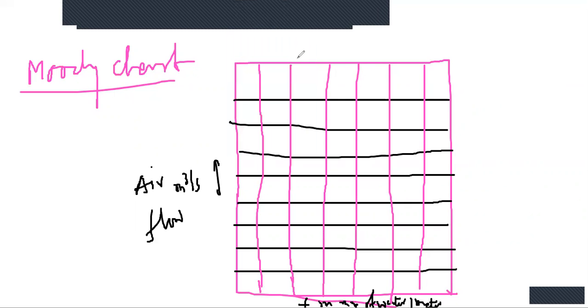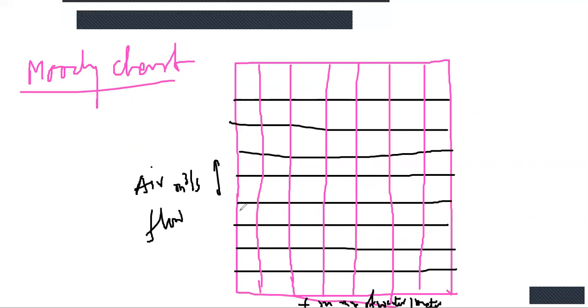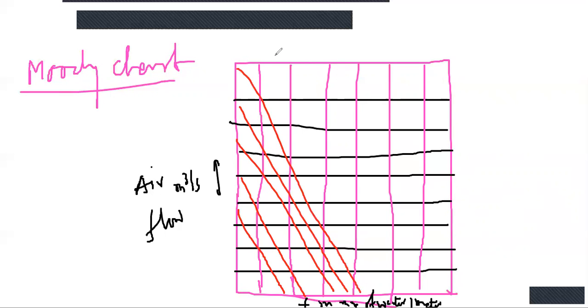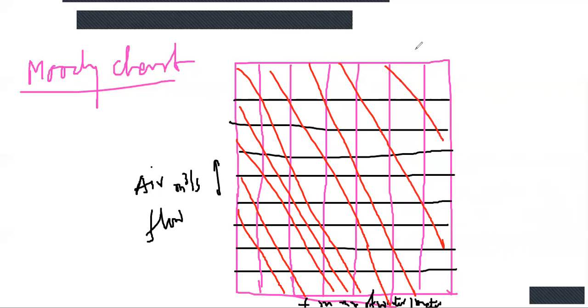Now, the inclined red lines are velocity.